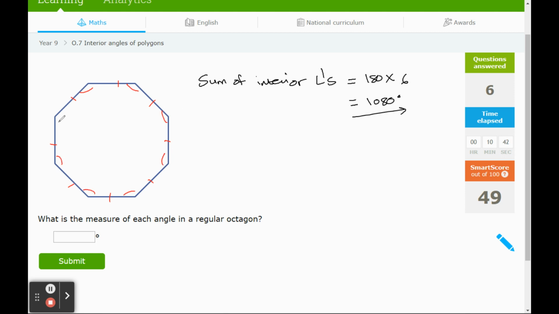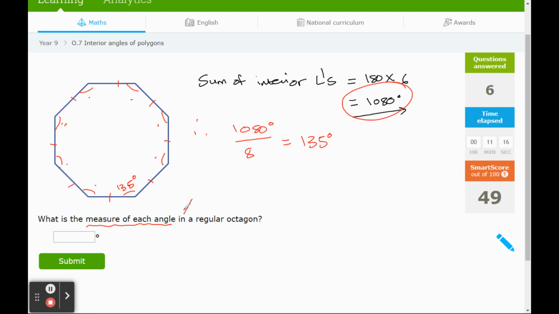So we have 8 equal angles because it's an octagon, right? So therefore, this is the total sum of all the angles. If I take 1080 and divide it by 8, that will be the measure of each angle. That comes to 135 degrees. So each angle will be 135 degrees.